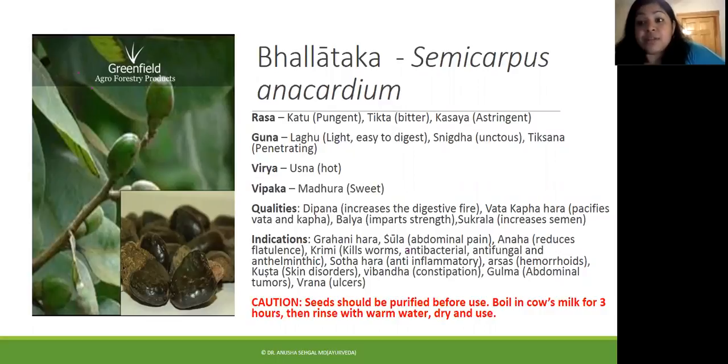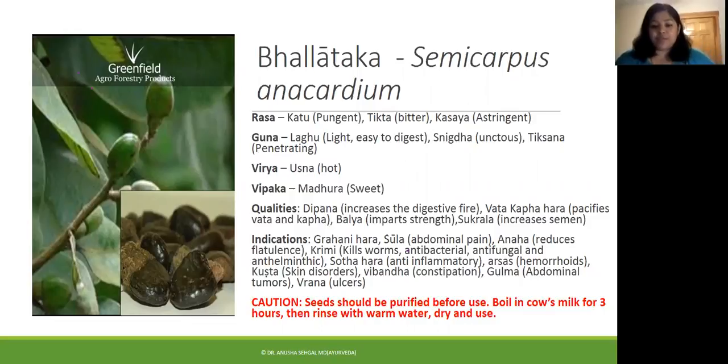So bhalataka is used very widely, especially for vata conditions where there is lack of strength, or debility, or lack of nutrition. This really helps to kickstart that. And it is shukrala, it helps to increase semen. The indications are again similar to the others.